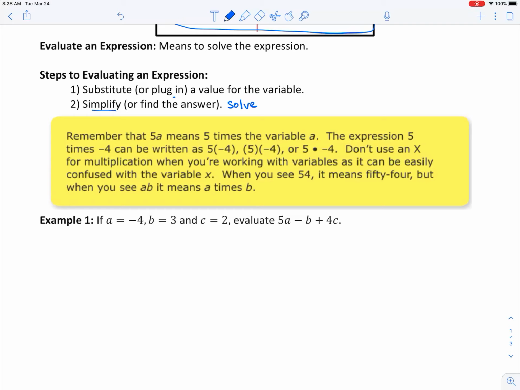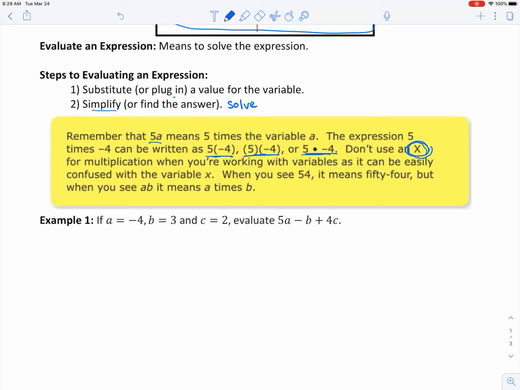Okay, so remember that 5a really means 5 times the variable a. So the expression 5 times negative 4 can be written like this. It can be written like that. Or it can be written like this. All of those mean the same thing. They mean to multiply. When we are working with variables, we do not want to write an x like you see on your screen here.